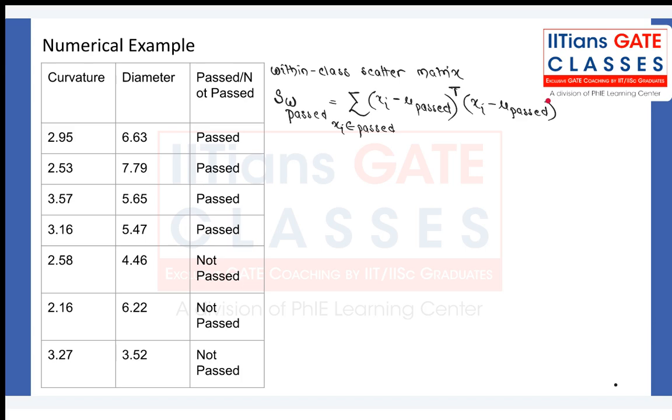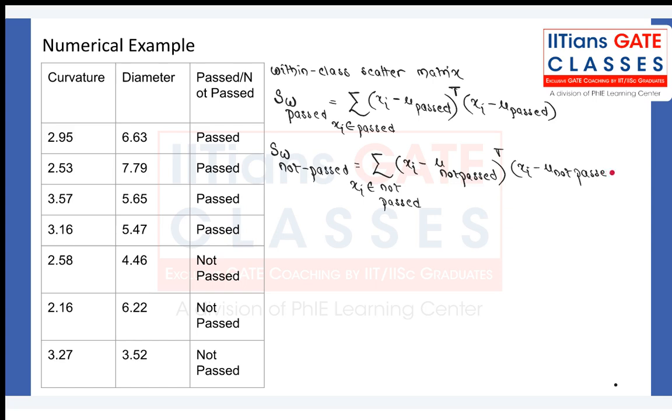And similarly for the not passed category, summation over xi belonging to not passed, xi minus mu not passed, times xi minus mu not passed transpose.